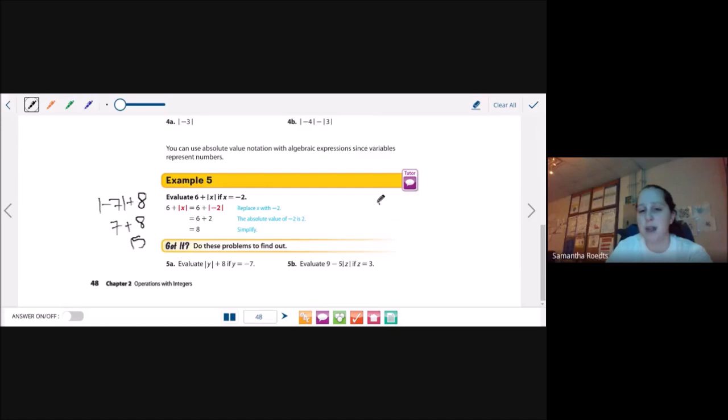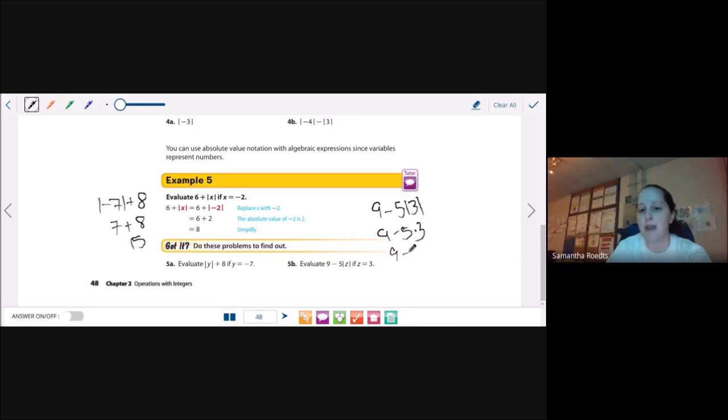Okay. For B, evaluate 9 minus 5 absolute value z if z is 3. So this becomes 9 minus 5 absolute value of 3. Okay. So this becomes 9 minus 5 times 3 because there's an invisible multiplication sign here. Okay. So 9 minus 5 times 3 is 15.